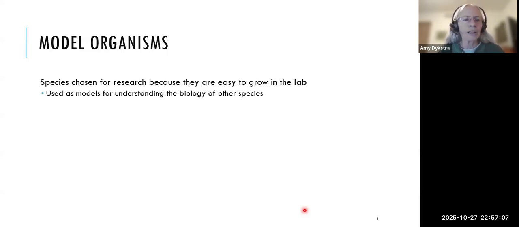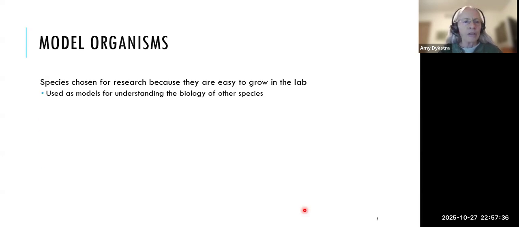A model organism refers to a species that is chosen to be studied because it's easy to use this species. Many times these species divide quickly, reproduce quickly, and grow quickly, and so you can grow many generations in a short period of time. Many times they are small, and so you can house them in small areas in the lab.